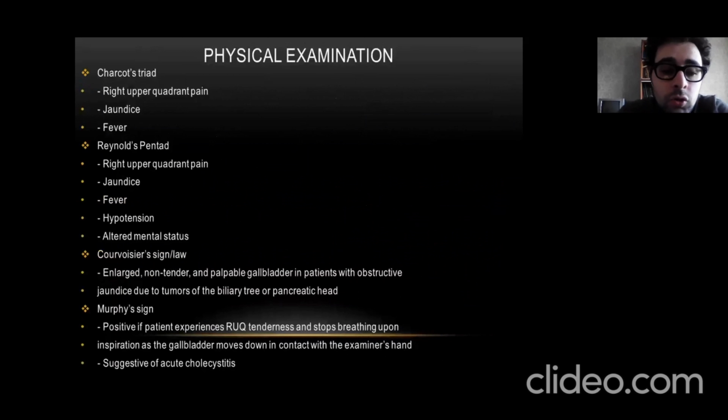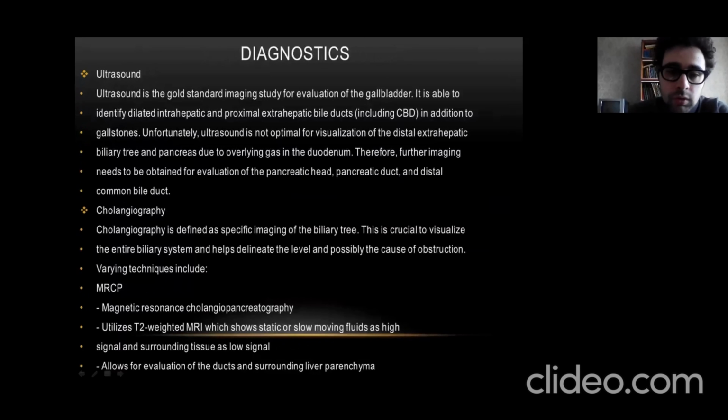Physical examination. You should look at these symptoms plus skin color and eye color. Plus to this, you should look at the symptoms of diseases that cause mechanical jaundice. On ultrasound, the standard investigation, you can see dilated extrahepatic bile ducts.